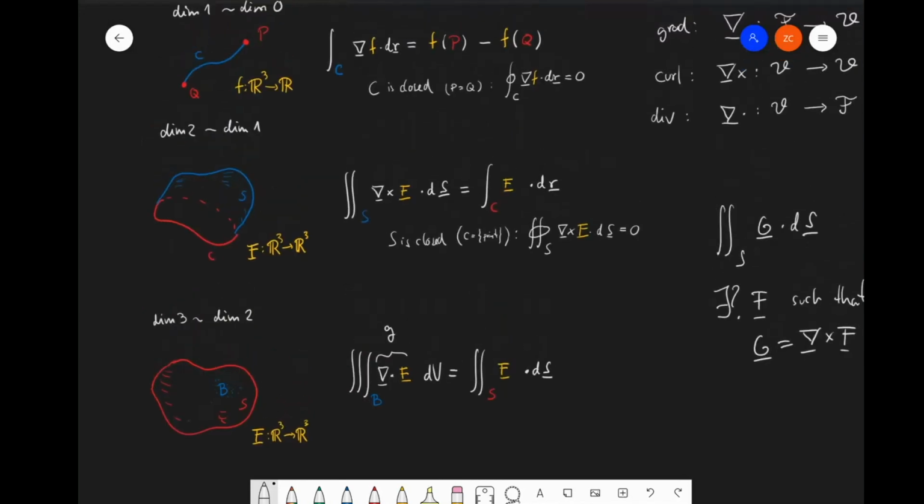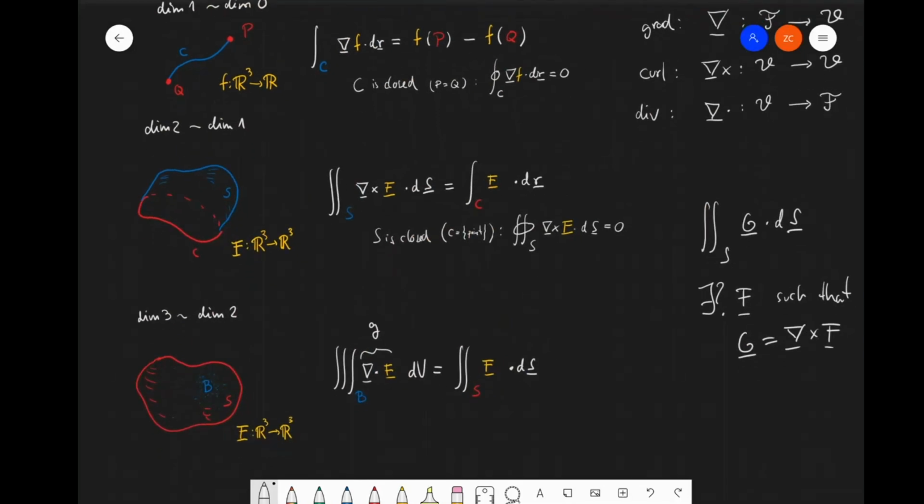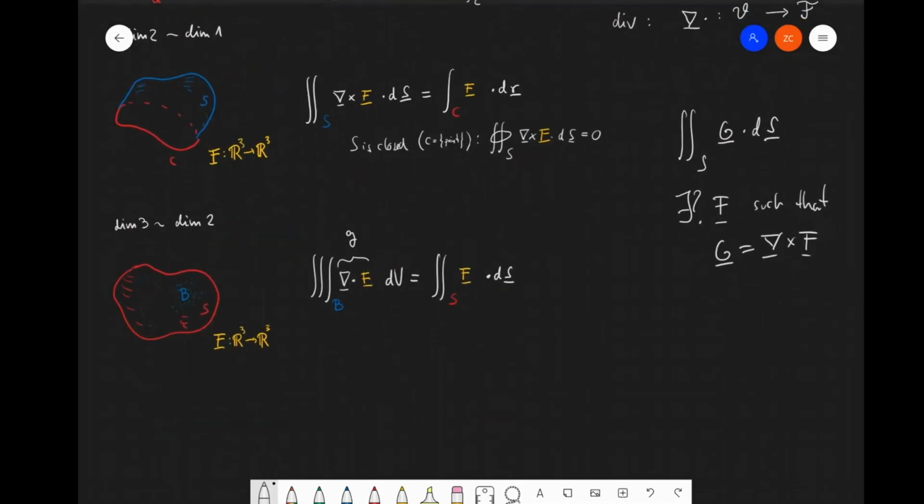Okay, so that being said, this is another interpretation of the theorems, right? Let me just say here, B closed doesn't make sense in R3. But B can be R3, which has no boundary because it's the entire space. In which case we don't use the circle notation for the integral, but we do use R3 as an integration domain. So this is another interpretation of the theorems.